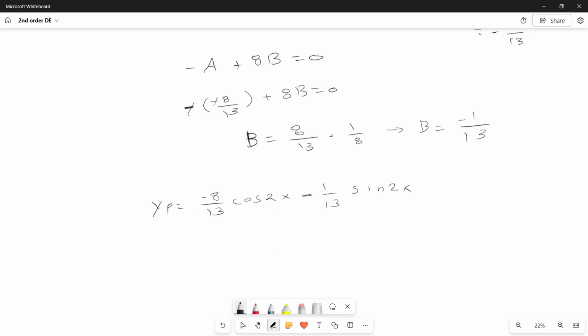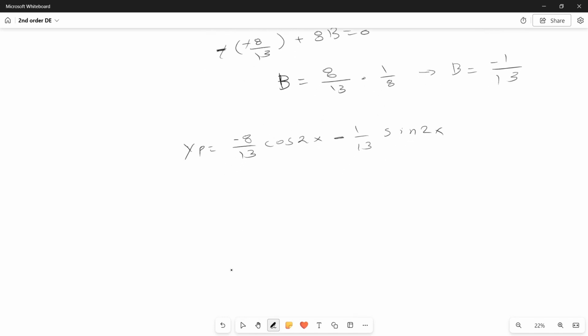Now we have our particular solution in its full form. Now all we have to do is group the two solutions together.